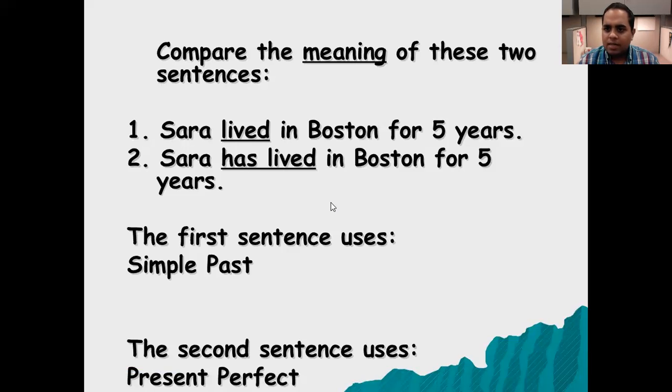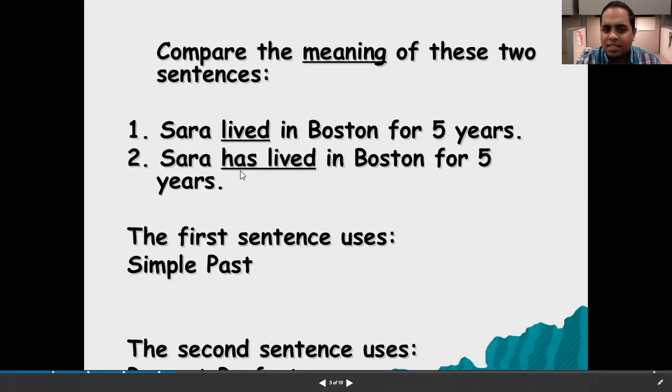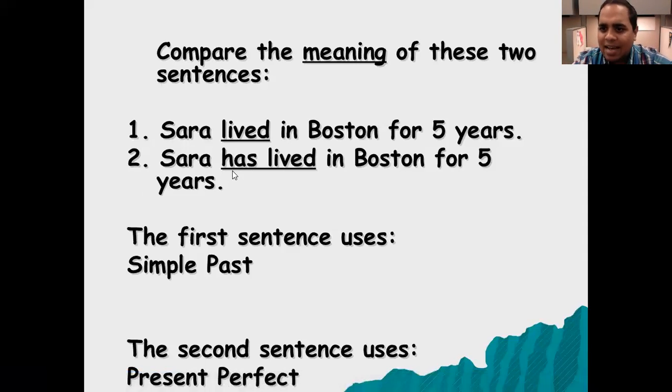Sentence number one is simple past because sentence number one does not have the word "has." Okay. Sentence number two is present perfect because it has the word "has." When the sentence has "has," normally the sentence is present perfect.